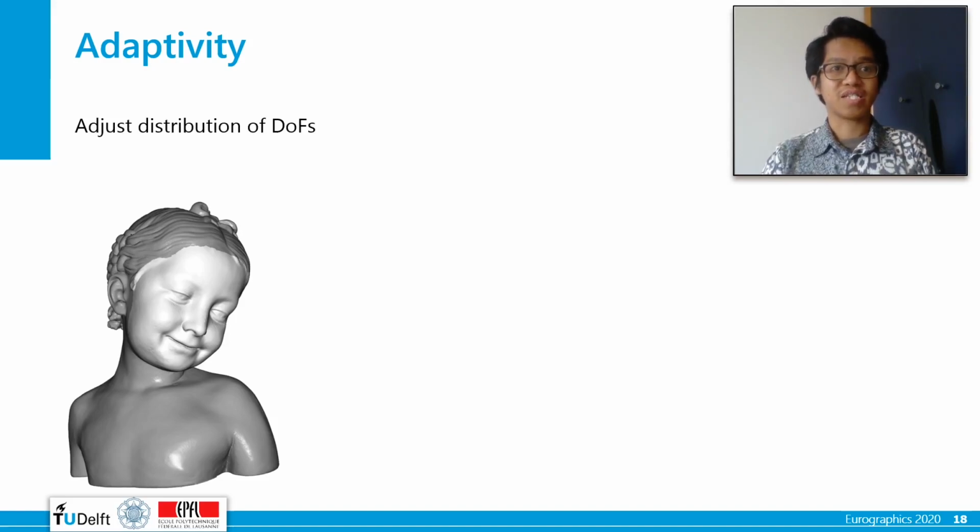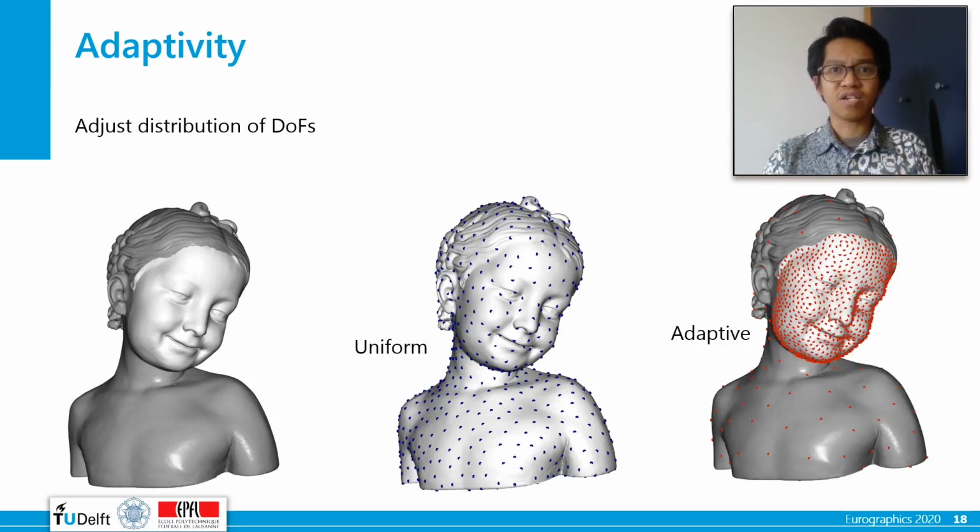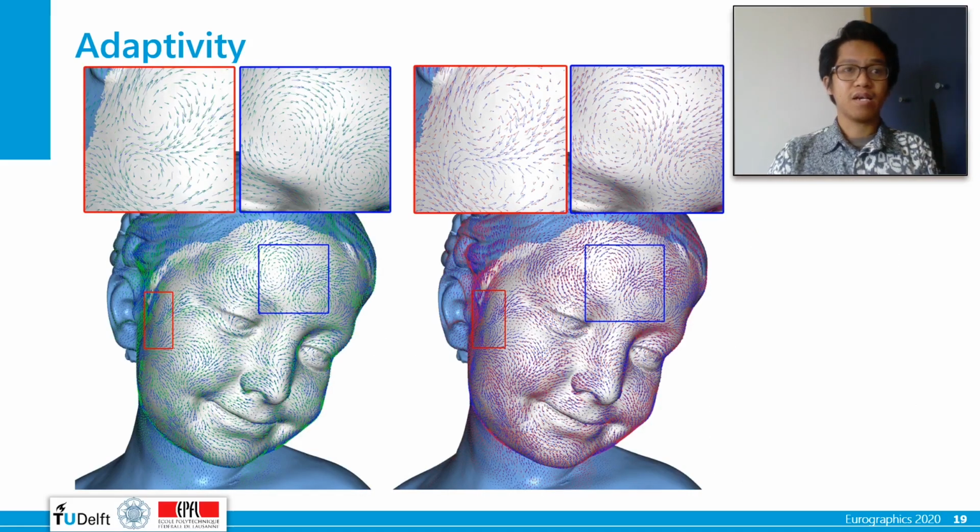We can adjust the metric to get more degrees of freedom in the region simply by scaling up the distance metric at the area of interest. And by doing so, instead of this uniform sampling, we will get more degrees of freedom in the desired area. And as a result, we can improve the accuracy of tangential field design significantly.